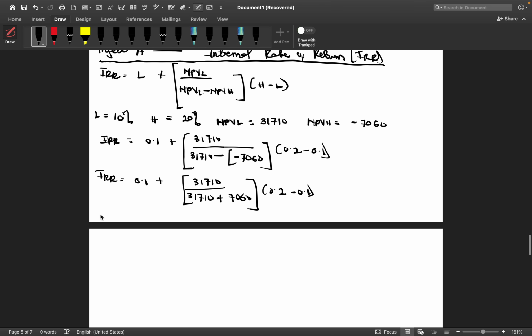So the internal rate of return, you punch this on the calculator. We are getting 0.182, or since it's a rate, you can convert into percent, or 18.2%. So this is the IRR for project A. So now I'll go to project B.